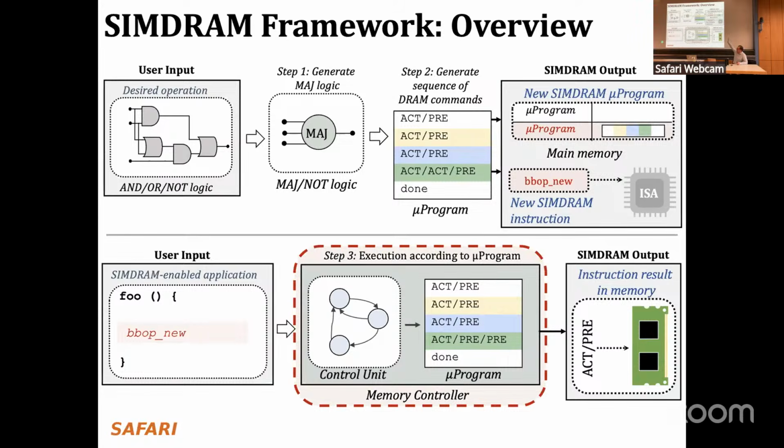All of those operations that I showed you earlier for bulk AND is one example, right? And that's the idea. This way you can implement anything as long as you specify it using that AND, OR, NOT logic, and you think of your algorithm such that it's bulk bitwise, such that it uses those operations. So this is a very general purpose framework, as you can see.